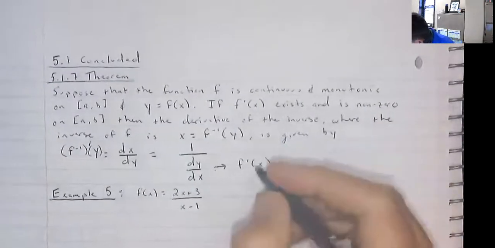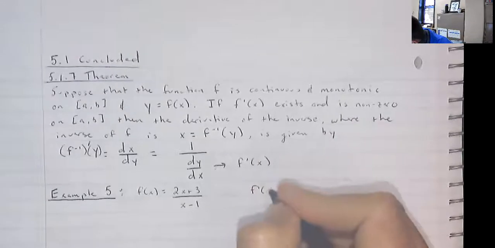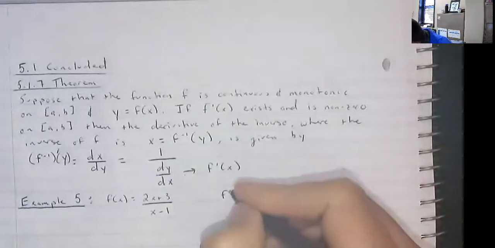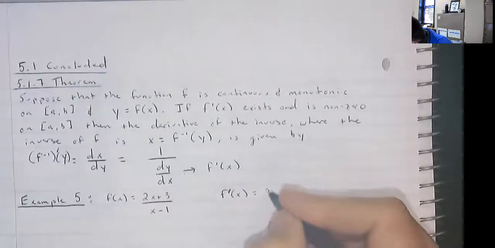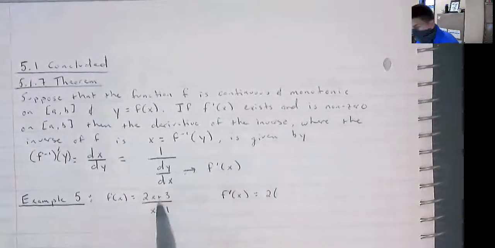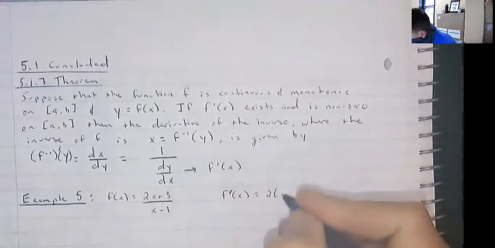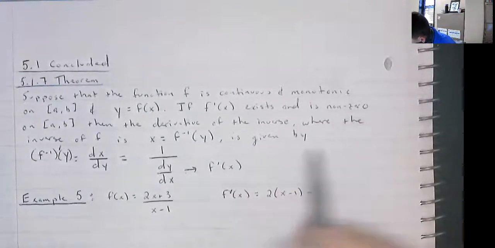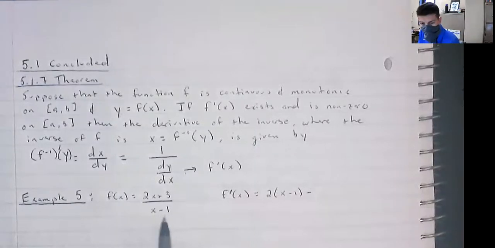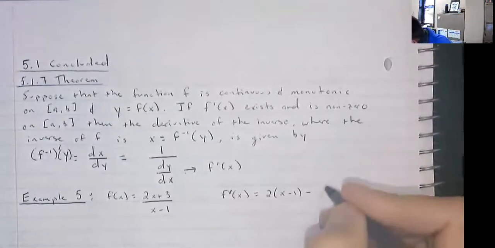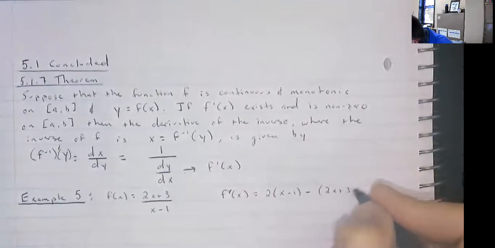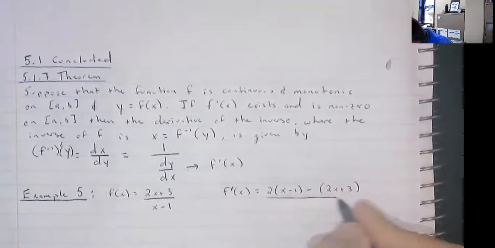The derivative of f, quotient rule, is going to be the derivative of the numerator, 2, times the denominator, minus the derivative of the denominator, which is just 1, times the numerator, all divided by the denominator squared.